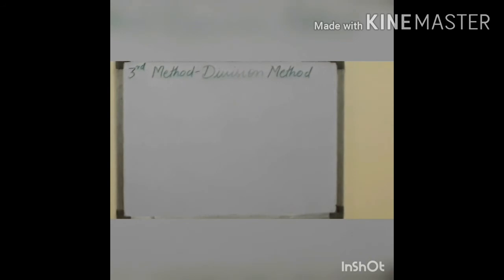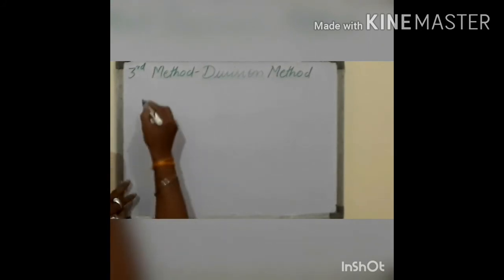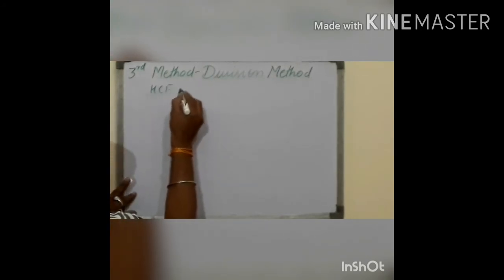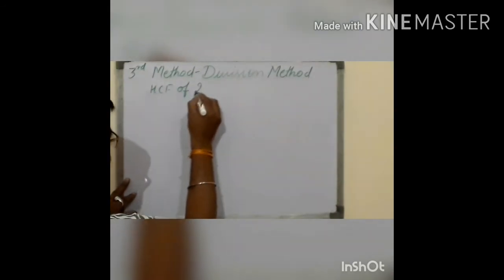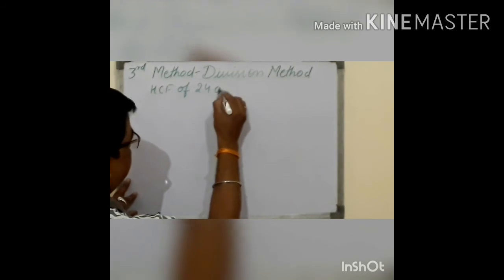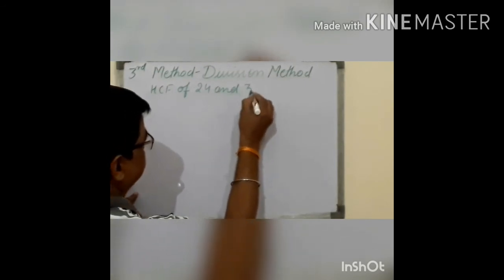Now we will see the third method, that is called the division method. Again we will take the same example, the same numbers. We have to find out the HCF of 24 and 32.